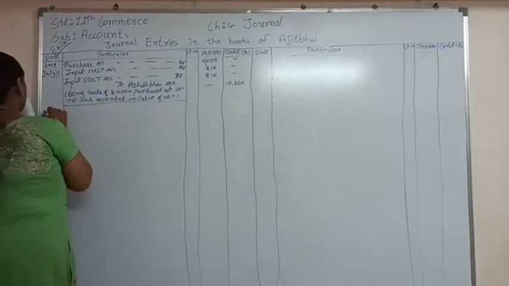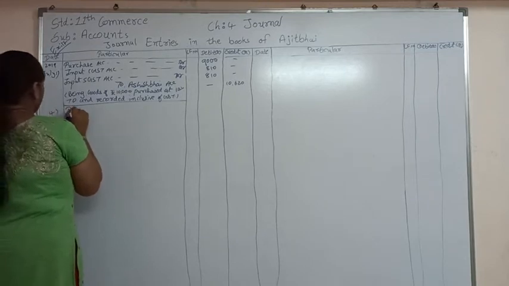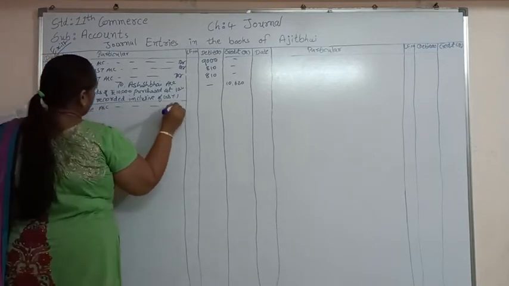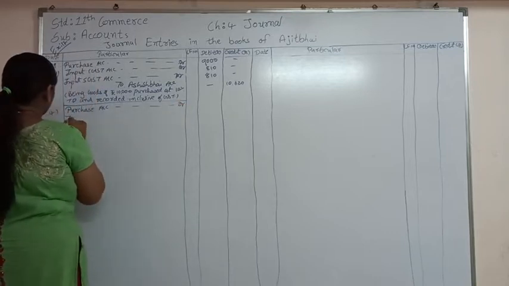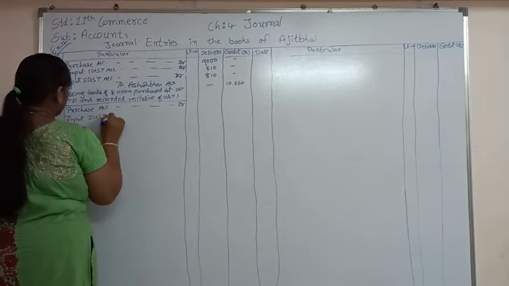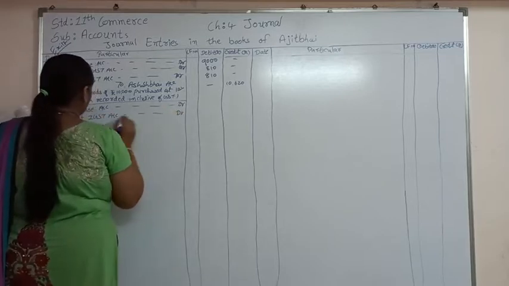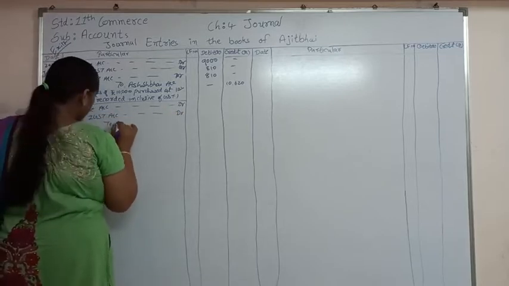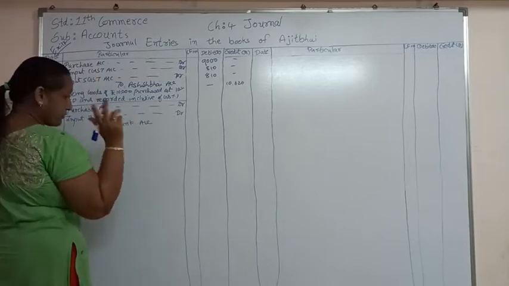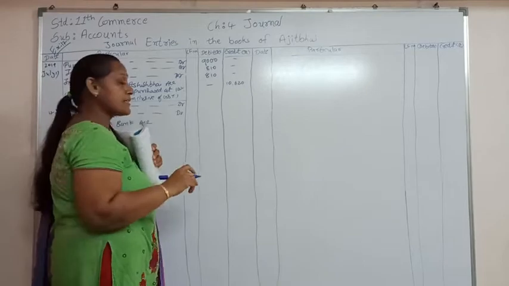So the journal entry will be: purchase account debit, input IGST account debit, to bank account.